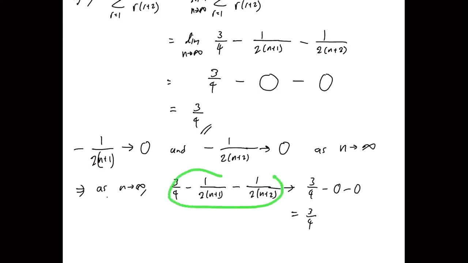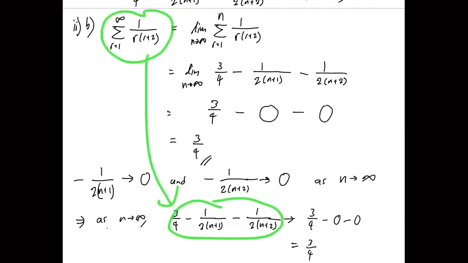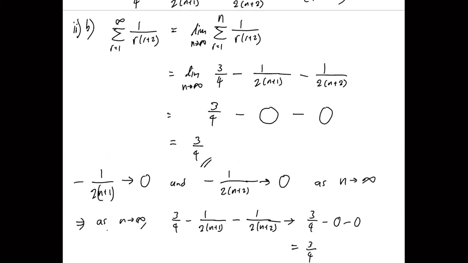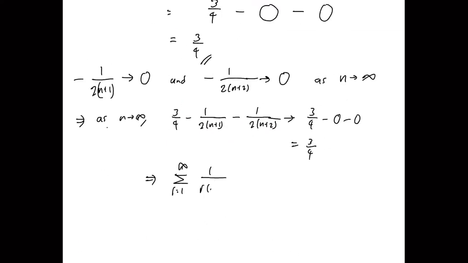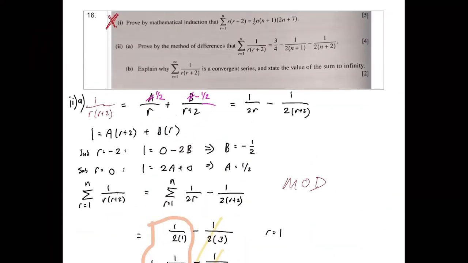But this left-hand side is what? This left-hand side is the sum to infinity. So that means that the sum from r equals to 1 to infinity of 1 over r times r plus 2 will be equals to 3/4. That's another way you could explain this using the arrow symbol. Tends towards. You read this as tends towards as n goes to infinity. Okay, that's part 2, part B.